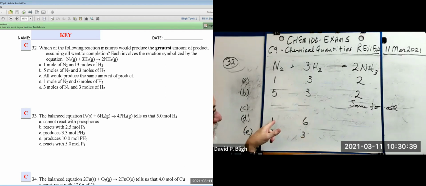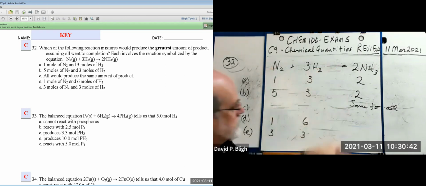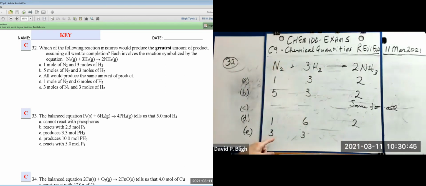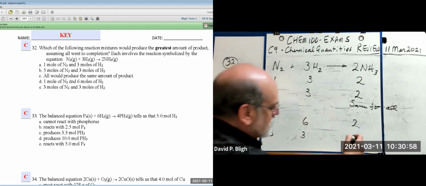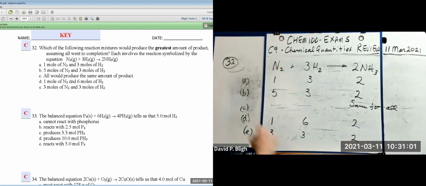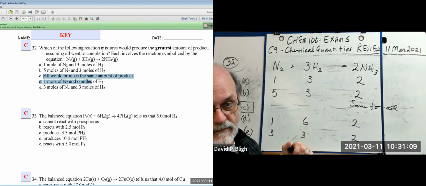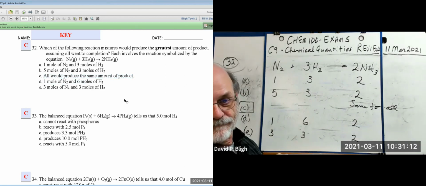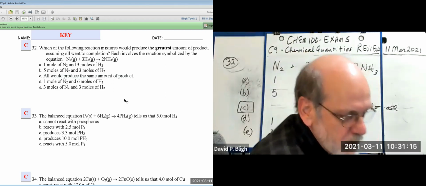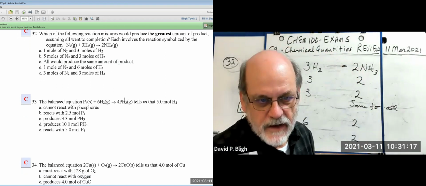So these are excess, this is limiting, and 1 produces 2. 3 and 3, 3 of these requires 1 of those, so we have 2 moles excess here. That means 3 produces 2. So each scenario produces exactly the same amount. C is the answer. Okay, that's 32. That's down to 33.